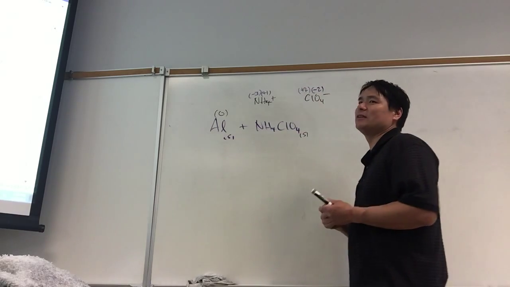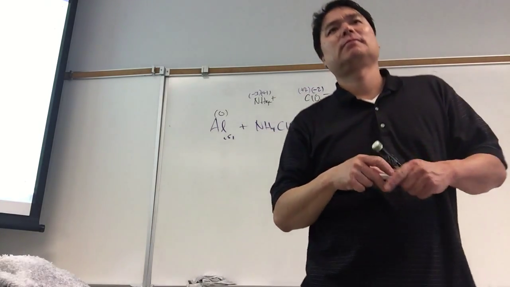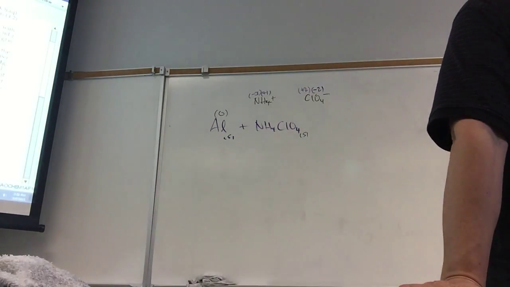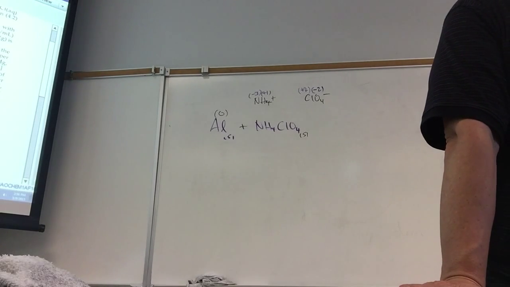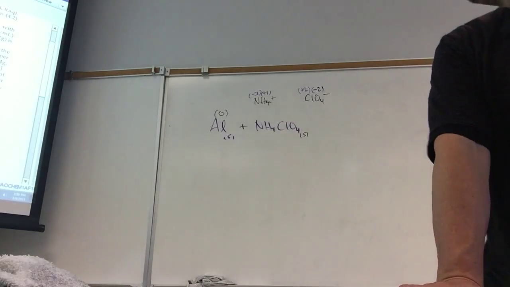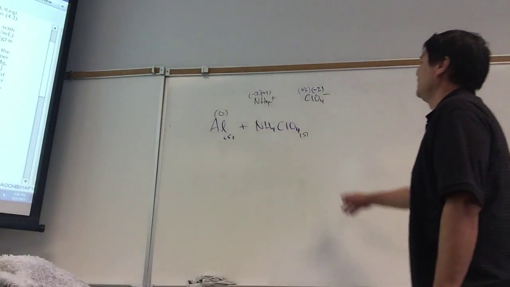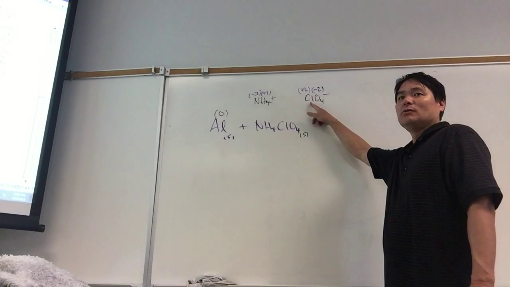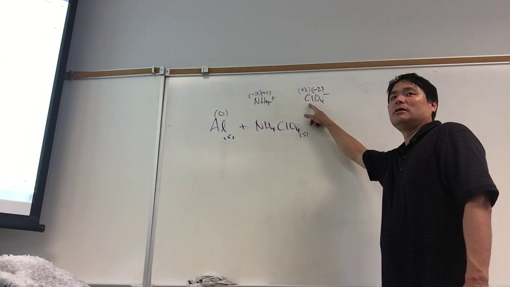If chlorine's +7, then what happened to chlorine? It lost 7 electrons. Well, how many valence electrons does it have? 7, so it's lost all its valence electrons. Do you think chlorine's going to be happy? No. Chlorine's going to be terribly unhappy, and chlorine is going to be quite electron rich or electron poor.